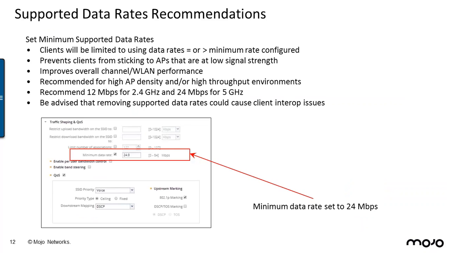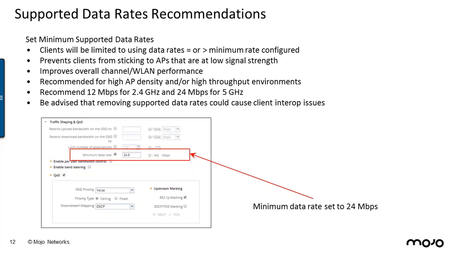All right. So this next slide really speaks to wanting to keep the cells small effectively. So we talk about removing the supported data rates, that would be the minimum data rates that the clients can connect at. And there's also another setting that you'd want to do, which would be the minimum data rate that you'd want to send out your broadcast, multicast traffic, and for that matter, unicast traffic.